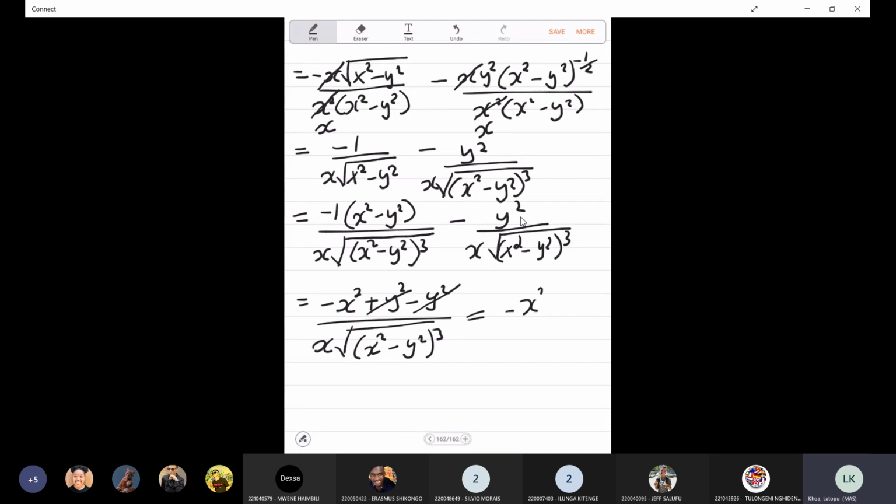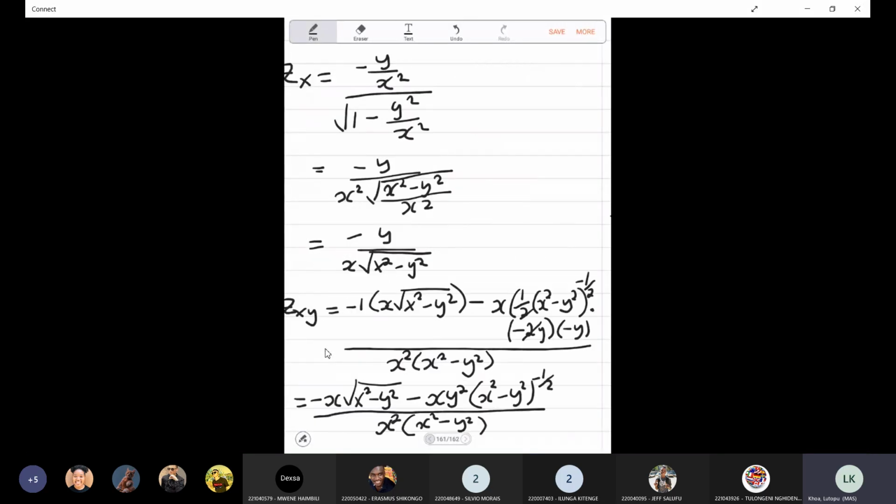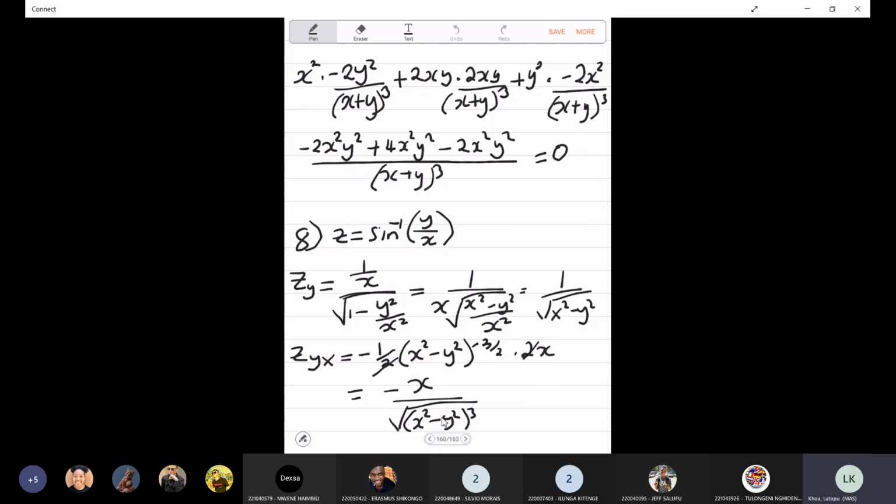After minus x squared... So here I have x squared, and over there I have x. So this x will go, and I'll be left with an x in the numerator. So this is over the square root of x squared minus y squared to the power of 3, which is exactly what I had over there.